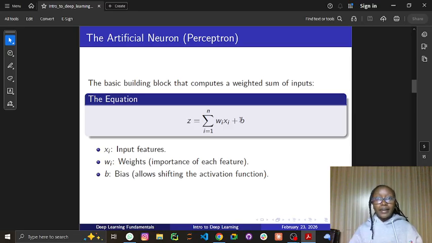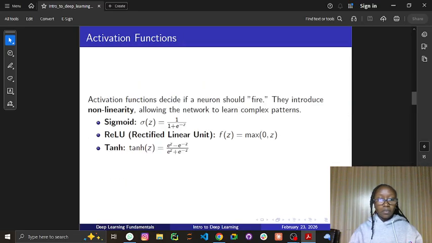In modern deep learning, we use the rectified linear unit, or ReLU, which basically says if the signal is negative, ignore it, and if it is positive, pass it through.